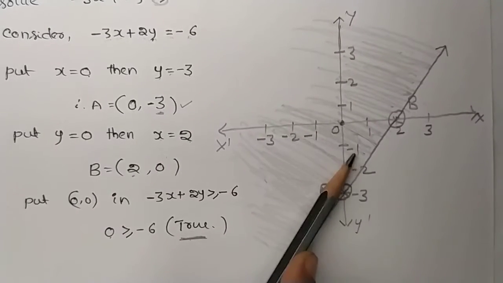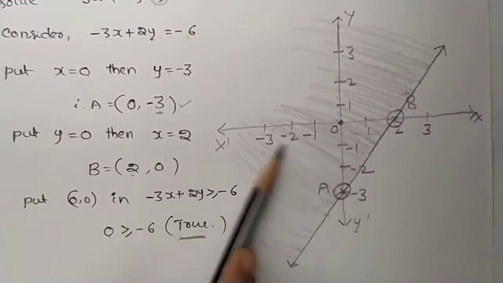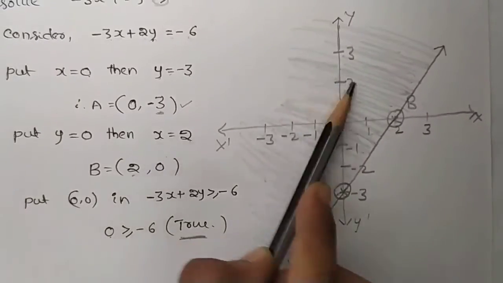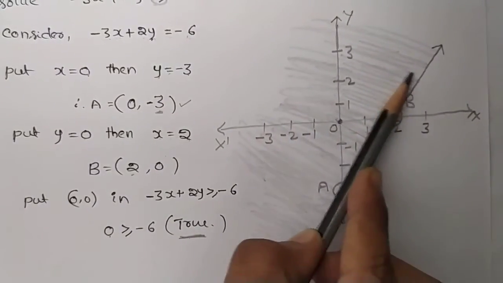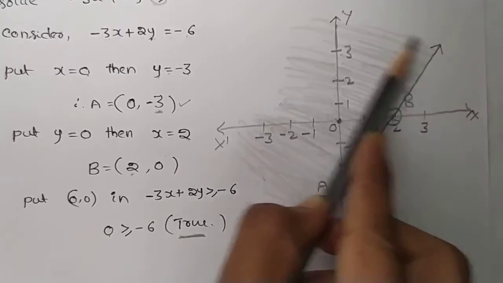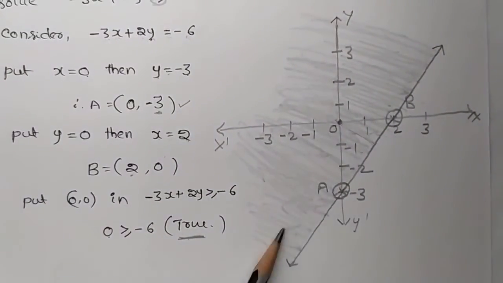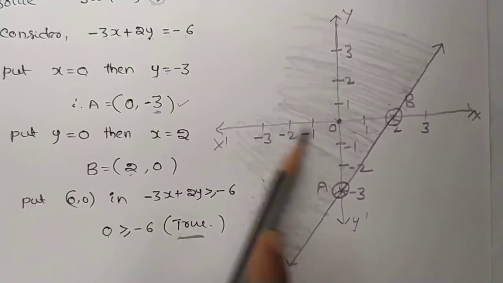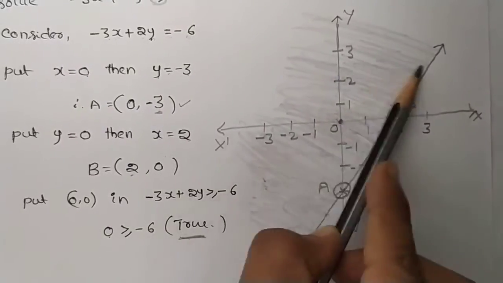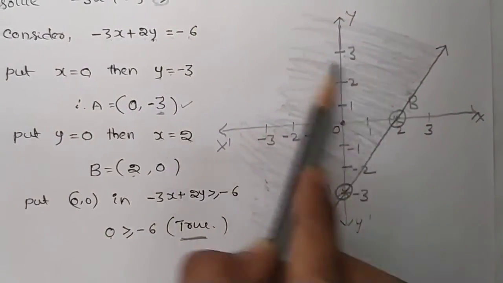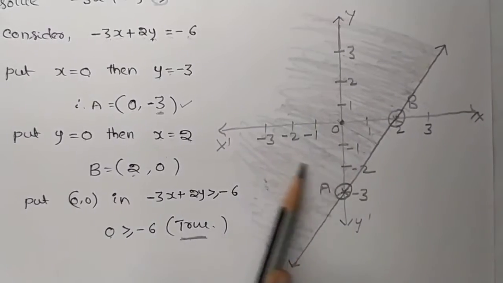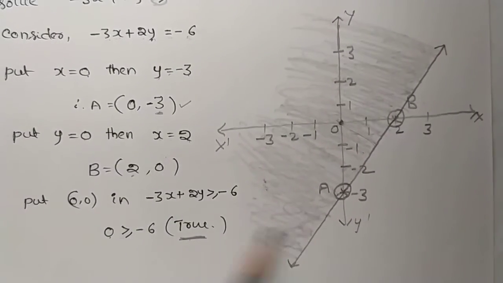Understand? It is the representation of the inequality -3x plus 2y is greater than or equal to -6.